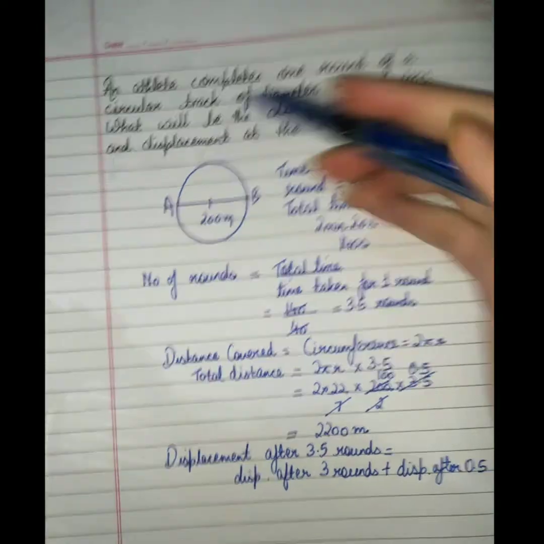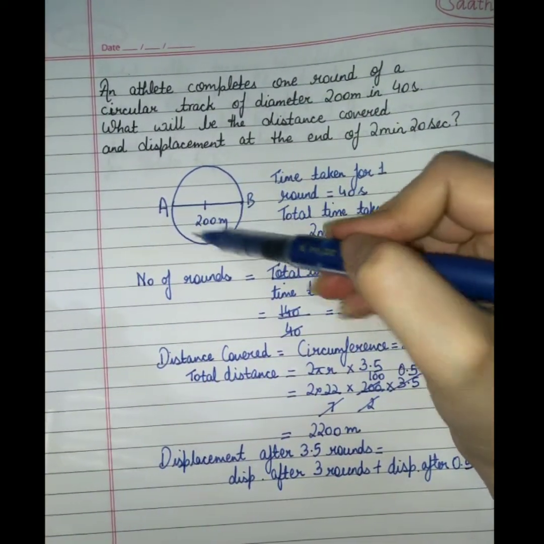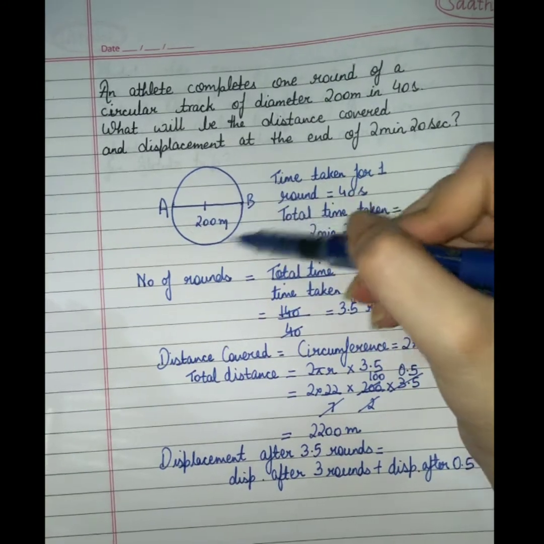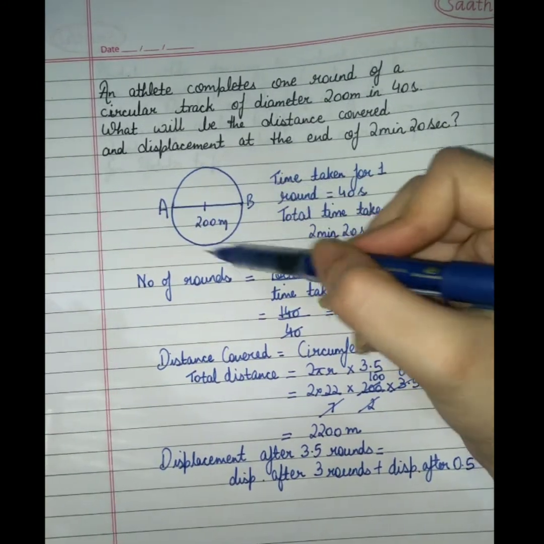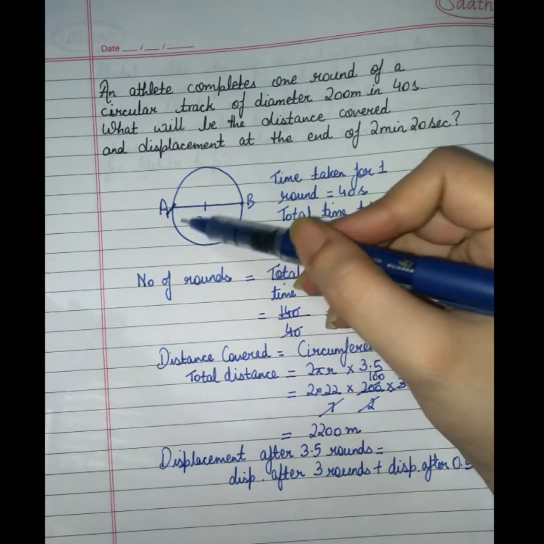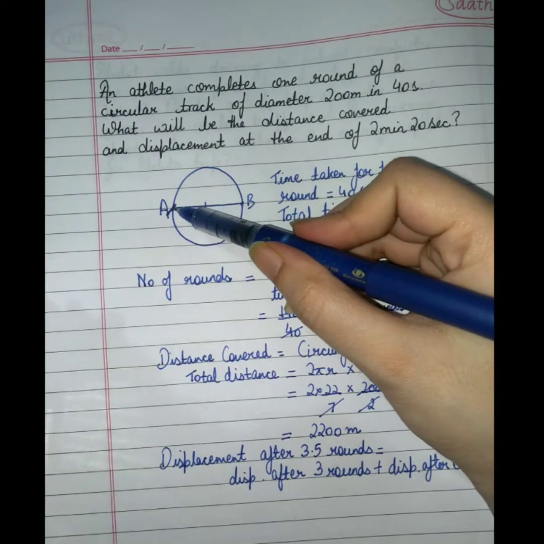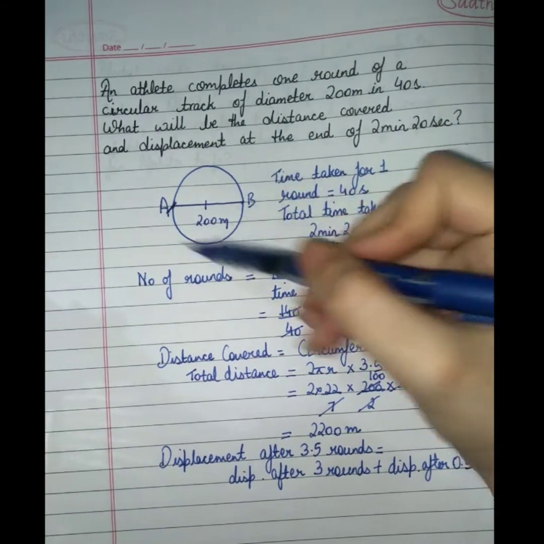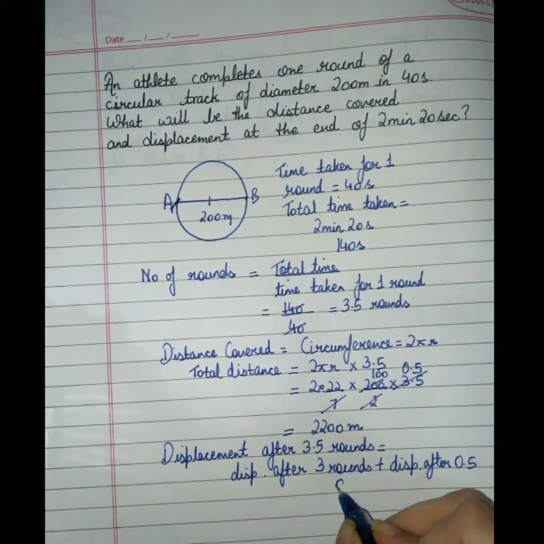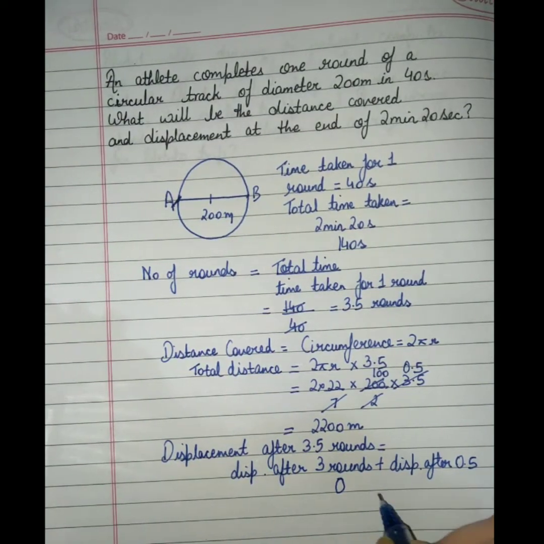What would be the displacement after 3 rounds? Since the body is starting from A, after one round it is coming again to A, second round back to A, and third round again back to A. So after 3 rounds, the initial point is A and the final point is also A, and we all know that when initial and final point are same, displacement is 0.